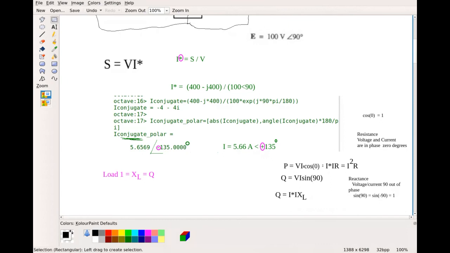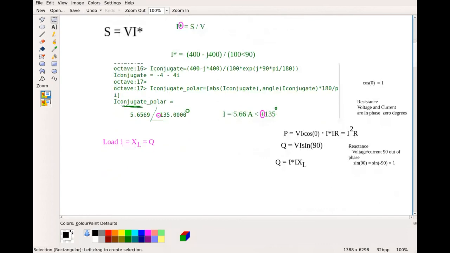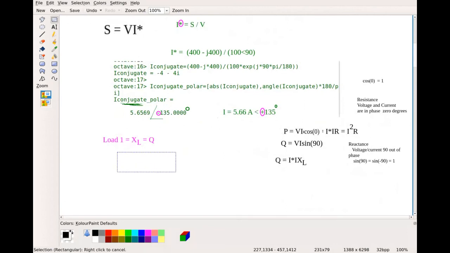Okay, and so looking at that, I can now come back over here and say that X of L, I started writing this, sorry, and I got sidetracked. So X of L is equal to your Q divided by I squared.